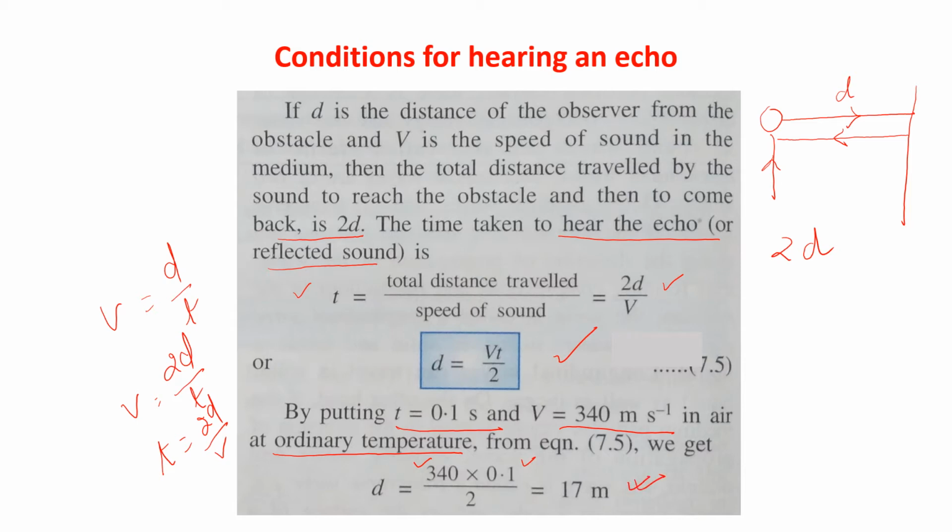So if the time taken for getting an echo is 0.1 second, the distance should be 17 meter. So these are the two necessary conditions: the distance is 17 meter and the time is 0.1 second to get an echo. At least these two conditions have to be fulfilled.